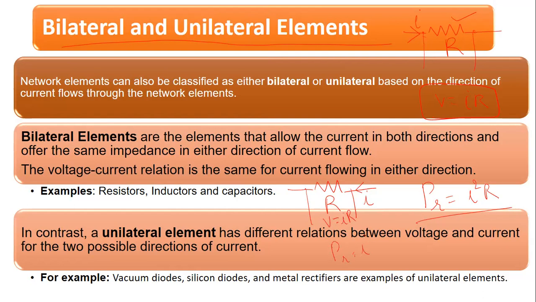P_R is equal to I square R. So in these two cases, if you have observed very closely, in the first case the direction of current is from let us say point A to B, and in the second case the direction of current is from B to A. But when you talk about the voltage drop across the resistance, and the power dissipated by the resistance, in both cases it is the same.